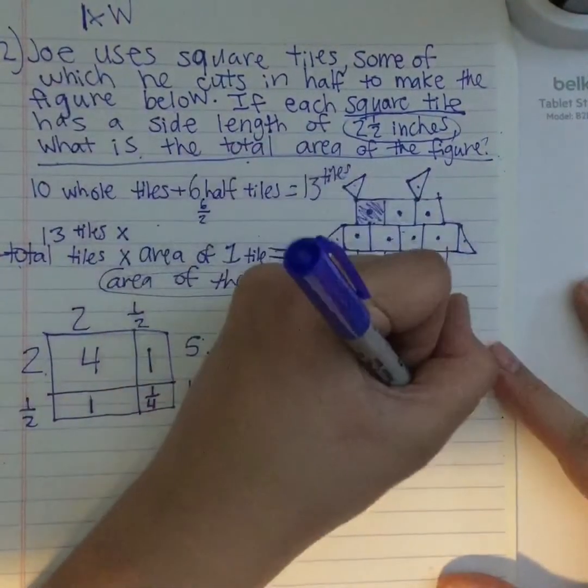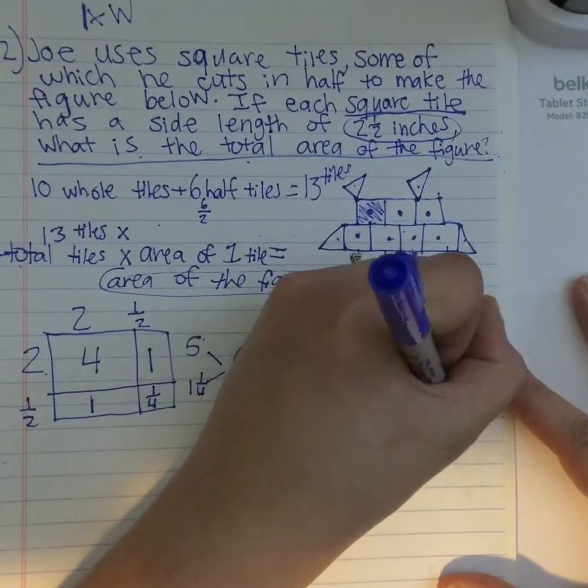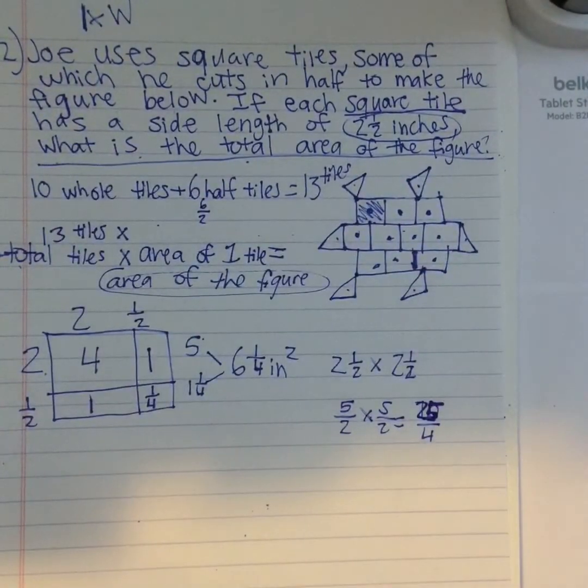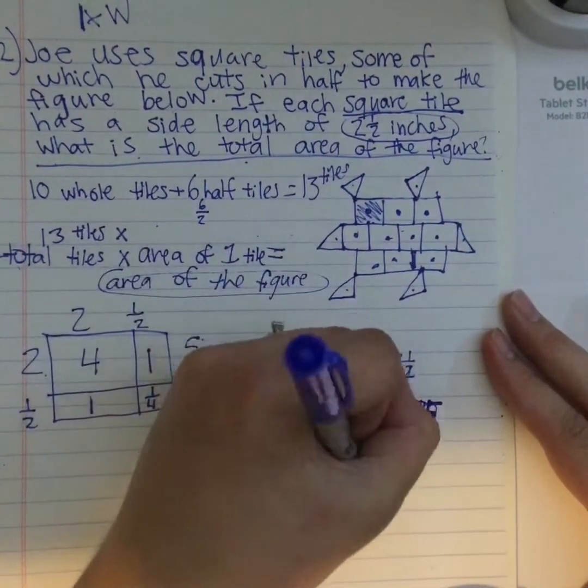Oops, not 10. 5 times 5 is 25. 5 times 5 is 25. I can multiply. Okay, so 25 divided by 4.